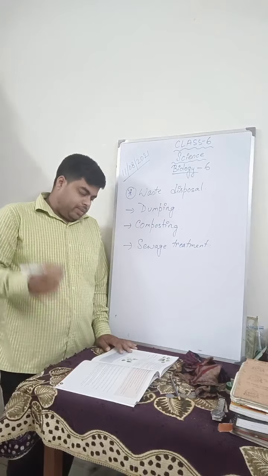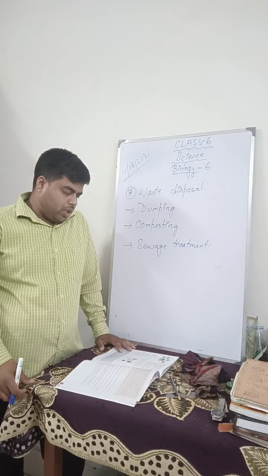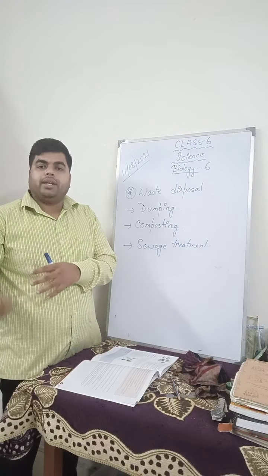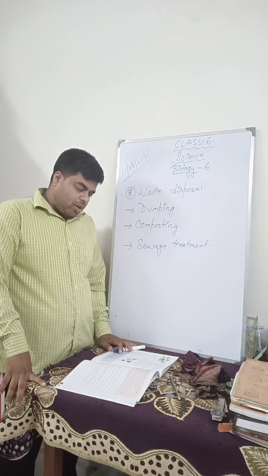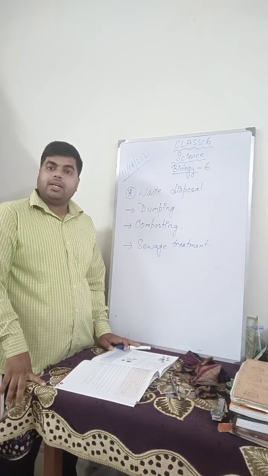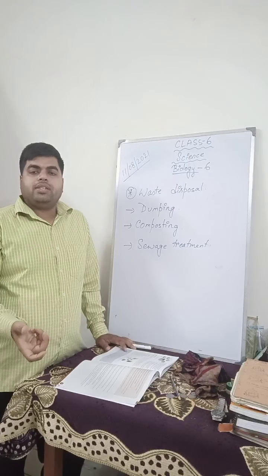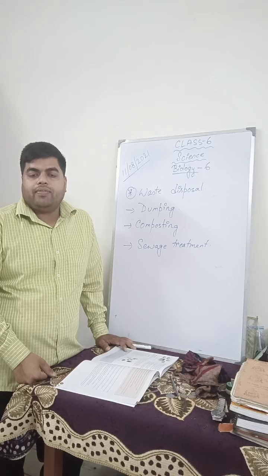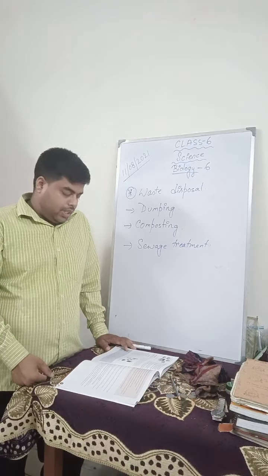Number one is primary treatment, which involves removal of heavy solid waste. So first from that water we remove the solid waste. After that, the secondary treatment involves adding microorganisms and dissolving the suspended particles. That means if there are any particles left over, we add microorganisms, and those microorganisms feed on the leftover solid particles, and then it is further moved into the third level.